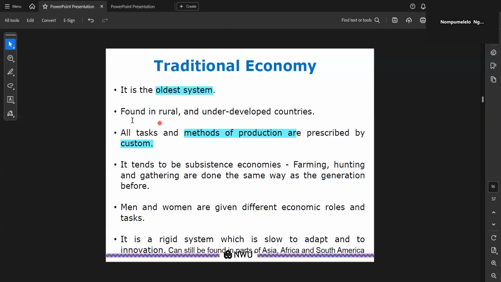So everything they do, they do in a traditional way. The examples are farming, hunting, and gathering. Men and women are given different economic roles, and all of that.